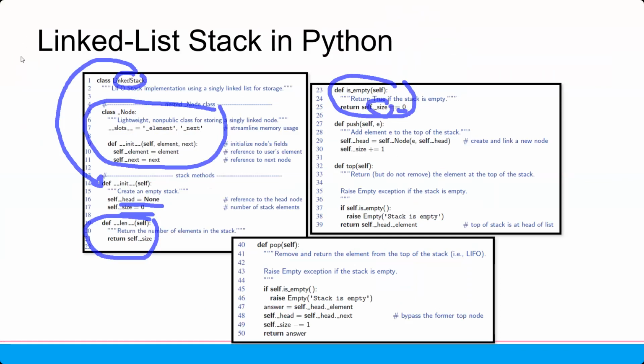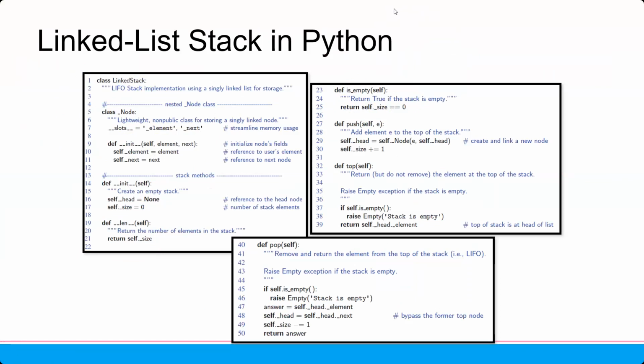You still remember in the stack we have push and pop. Push means you want to insert a new element. The new element e is inserted into the data structure. In this case, I do not use any list. I use an object, and the object is node.